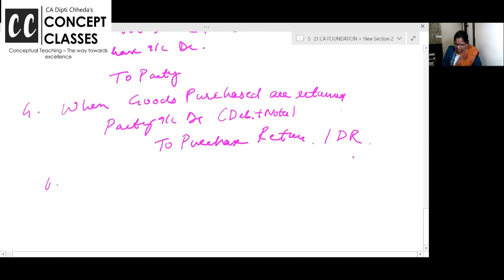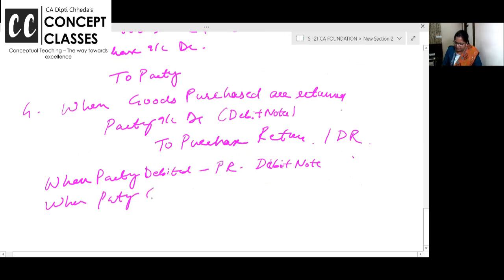Write down. When party is debited in case of purchase return, debit note. When party is credited, when do you credit the party? Sales return. Credit note.